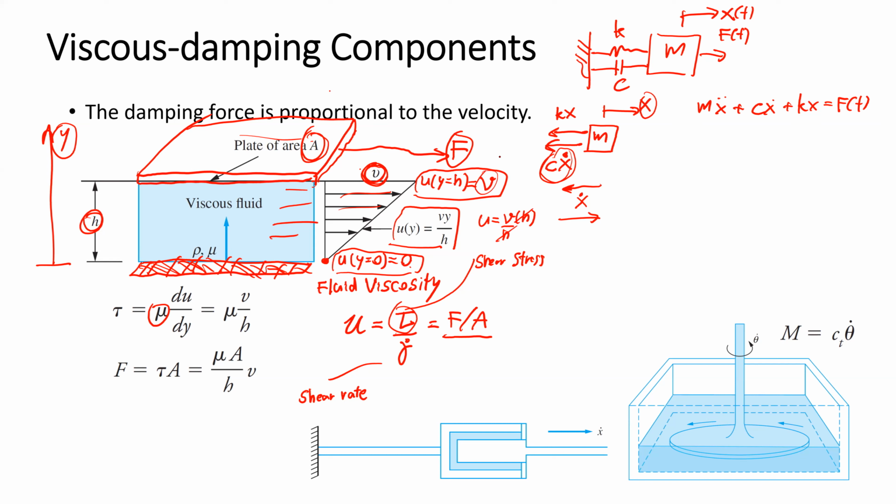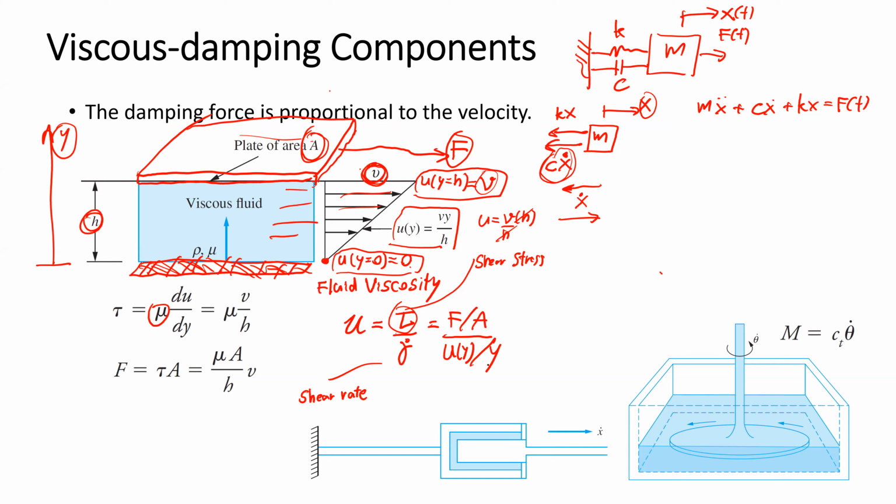The shear rate is u divided by y. The shear rate is the u, which is the function of y, divided by y.